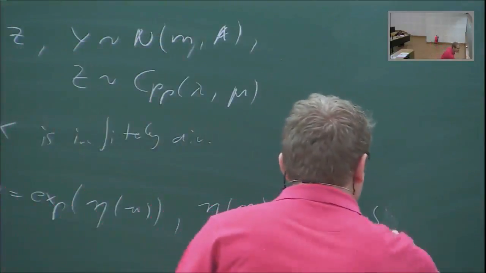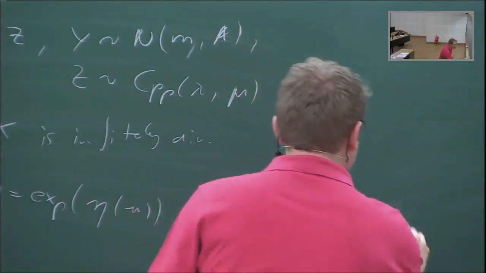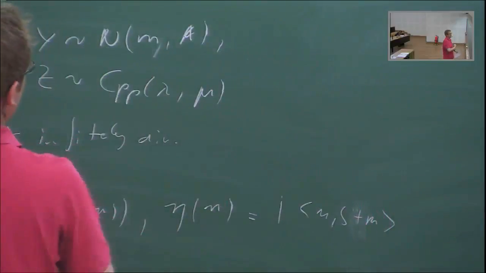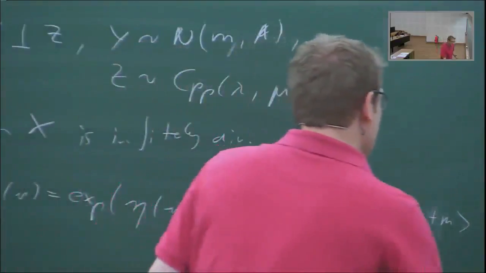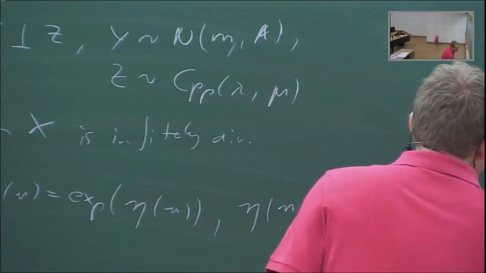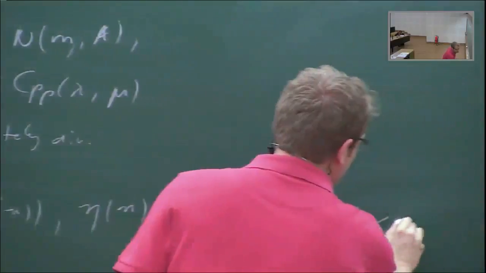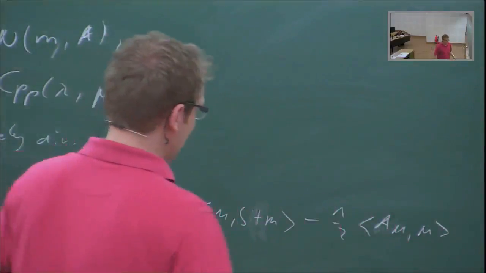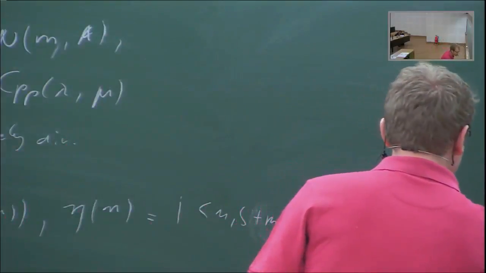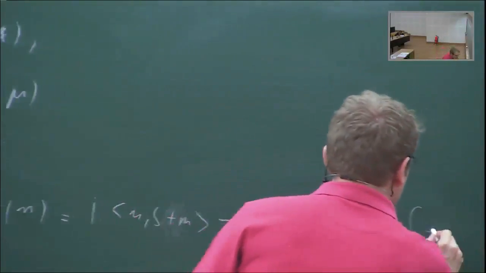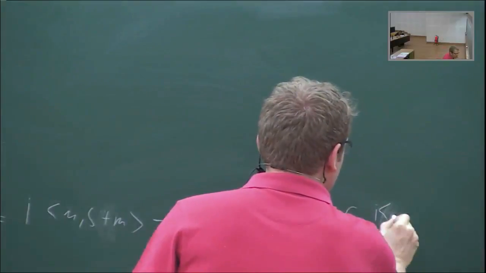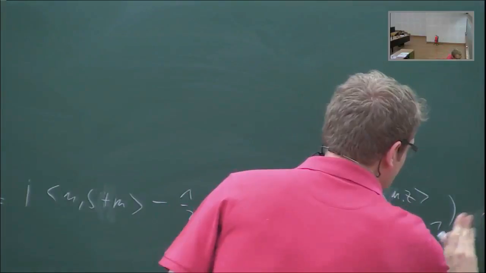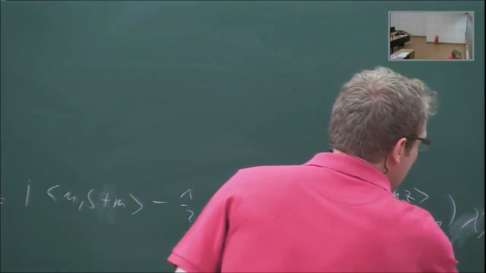And the mean of the Gaussian part. Then it has minus 1/2 u A u, and it has the compound Poisson part, e to the i u zeta minus 1, lambda mu d zeta.